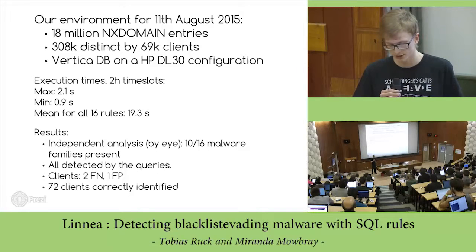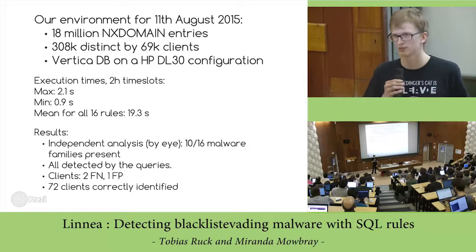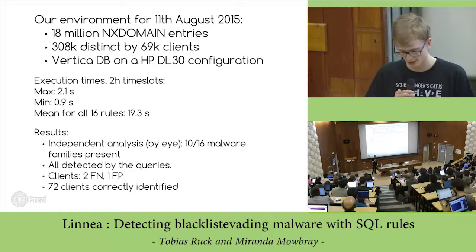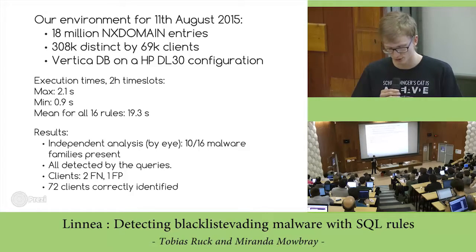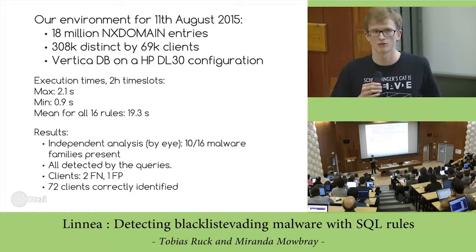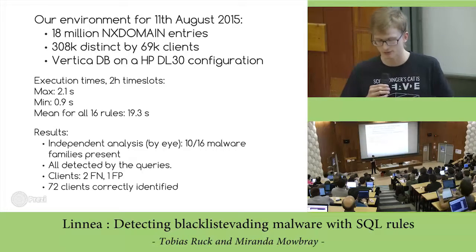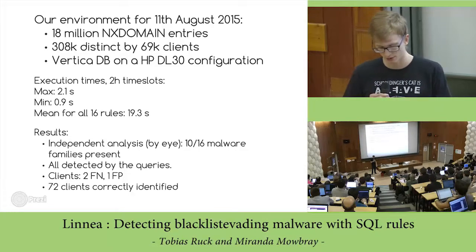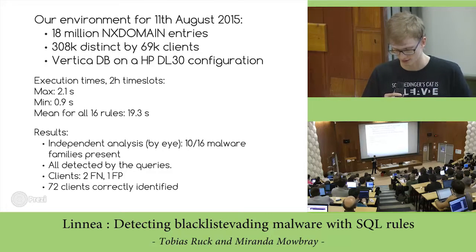For 2-hour time slots, we have 2.1 seconds for the slowest query and 0.9 seconds for the fastest query. That is, if we run all 16 rules consecutively, we need 19.3 seconds in total.